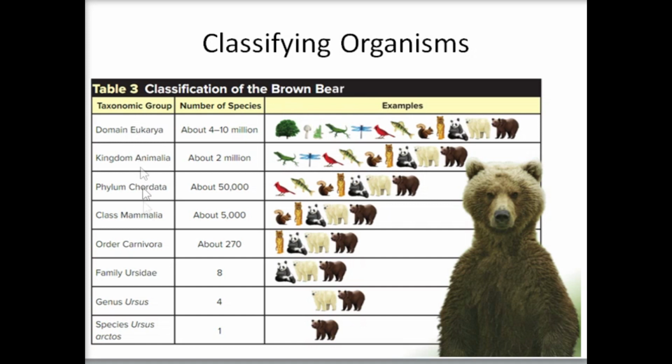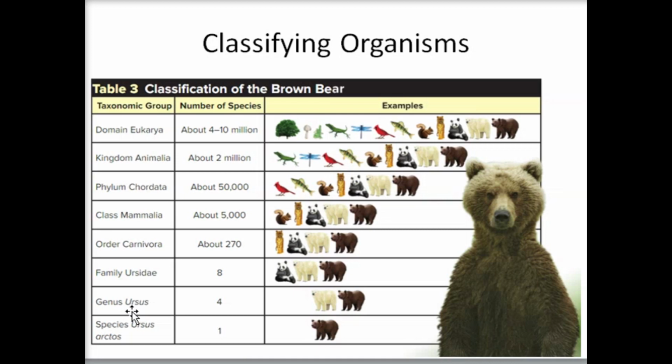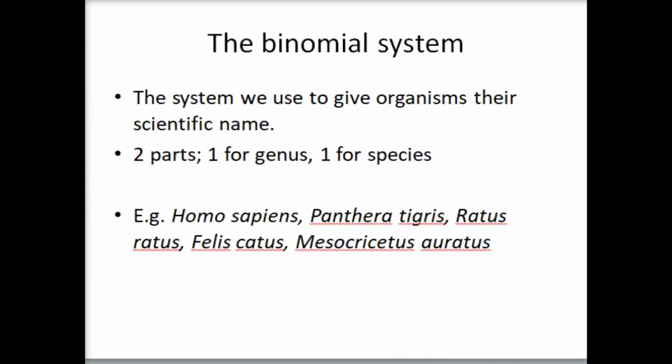We use these taxonomic groups, and it goes from lots of species all the way down, specialized into one species down there, okay? And then we take genus and species and we put them together in something known as binomial nomenclature, or the binomial system. So here we take the genus, which is Ursus, and the species, which is arctos, and Ursus arctos becomes the scientific name or the binomial name for the organism, okay?